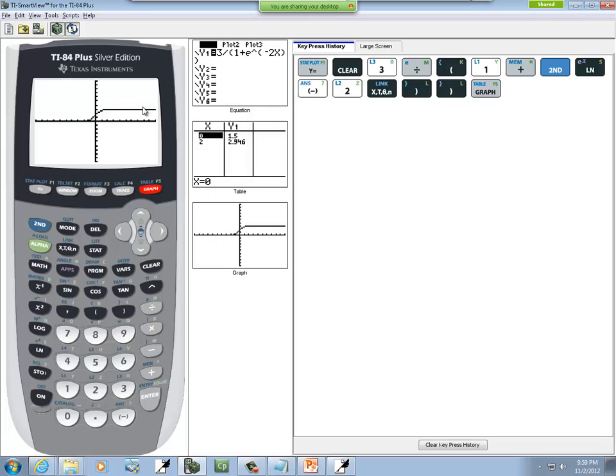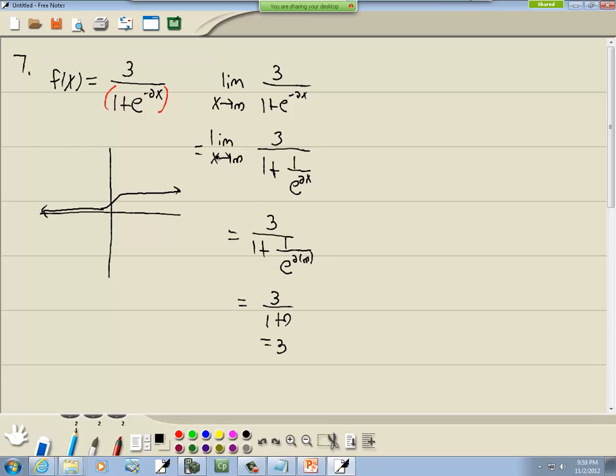Which kind of makes sense. For the horizontal asymptote, it looks like it's skimming 3. Now the other side is not so easy to see, but the fact that it's an exponential function, e to a power, we know this can never equal 0. Well, in this particular book, we haven't covered how to solve that, and that's why it's a little bit challenging. If I looked at just the e to the negative 2x, and we set it equal to 0, saying that it's actually going to touch the x-axis.